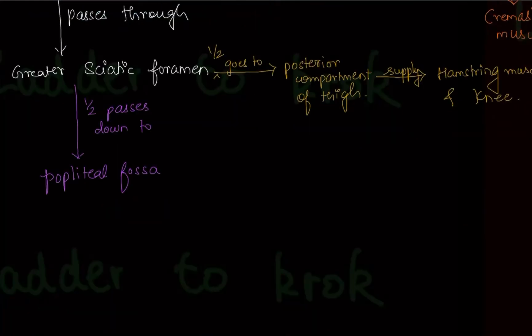Okay. Now from the popliteal fossa, it will divide into two. Write down, it divides into common peroneal nerve. This common peroneal nerve is also known as common fibular nerve. And the other part forms the tibial nerve.